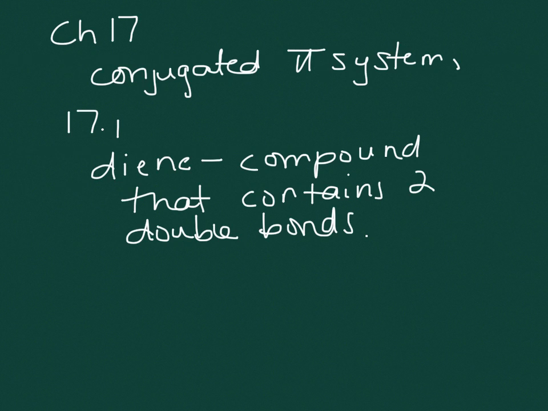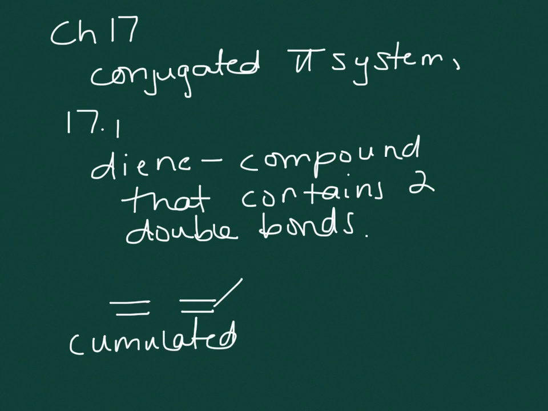All right, we can have what's called an accumulated diene, and this is where the pi bonds are adjacent. They're also called allenes.